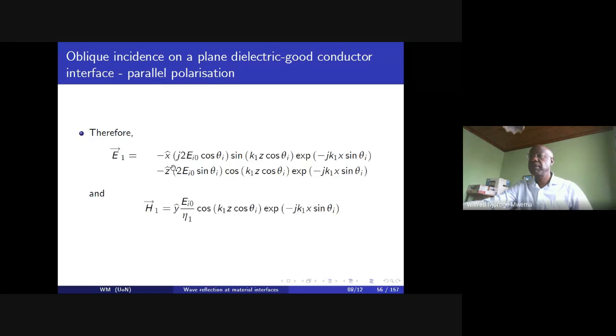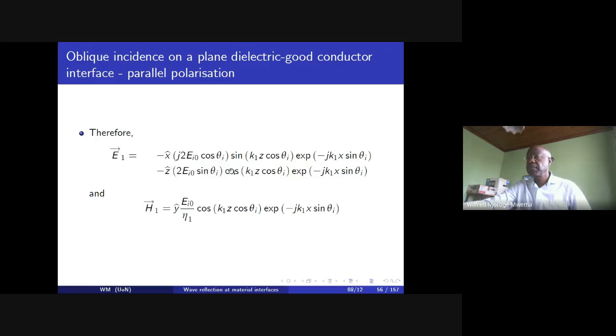What you need to remember is that the x component has a j, that is, it's at 90 degrees out of phase, time phase, with the z component. And look at the variation of the amplitude: it is going to be given by the cosine of theta I and the sine of K1Z cos theta I. That is the amplitude variation.